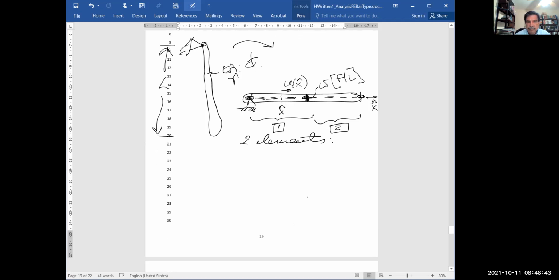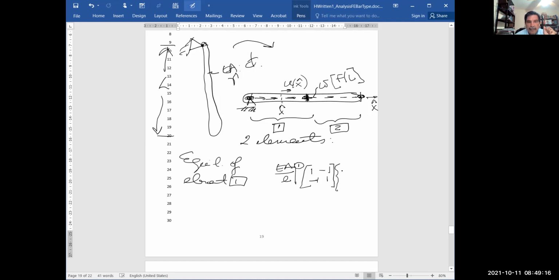So we have the equilibrium of element 1. We are going to have EA over l, and this is for element 1. In general, this product could be different, okay? And that's going to be multiplied by the matrix [1, -1; -1, 1].